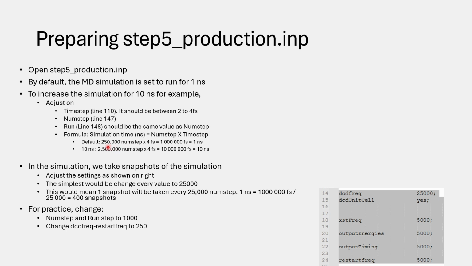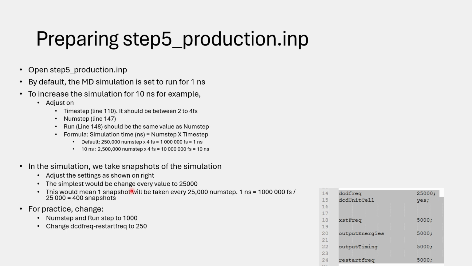By default, usually the settings will be like this. And if you want to do 10 nanoseconds, usually we will manipulate the num step. Then in the simulation, we can take snapshots of the simulation process. The settings we can adjust are most on the right, from line 14 to line 24.